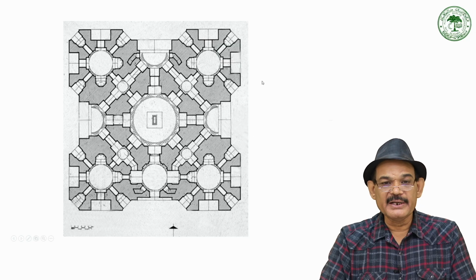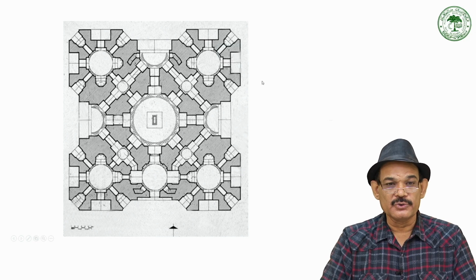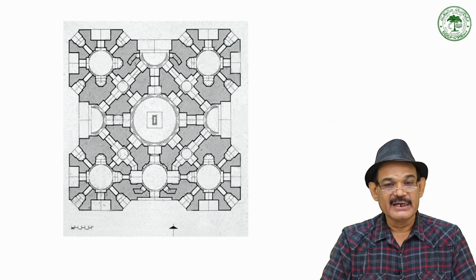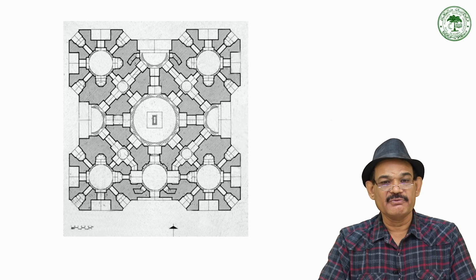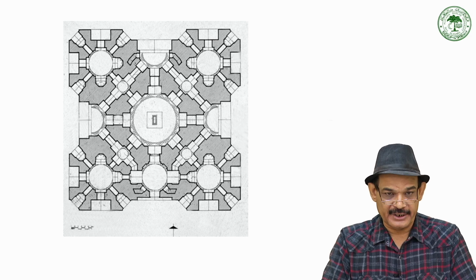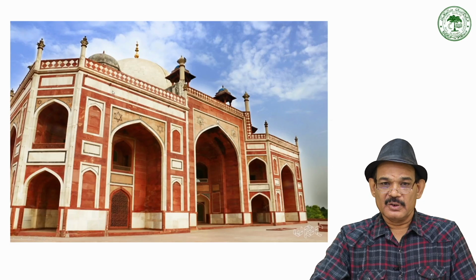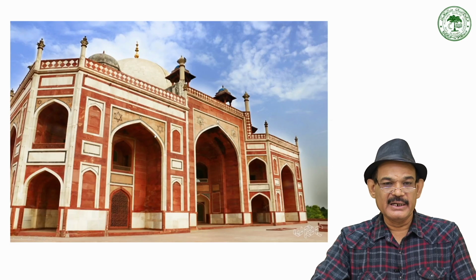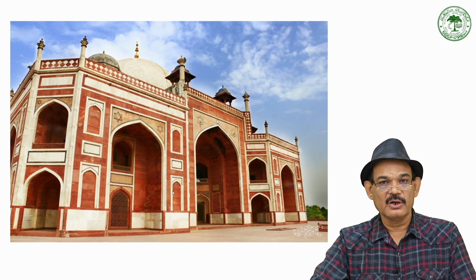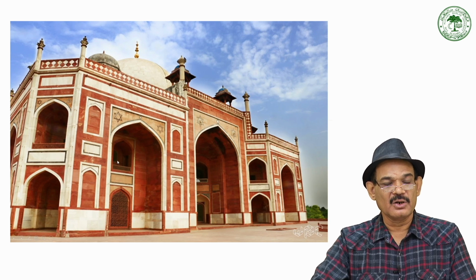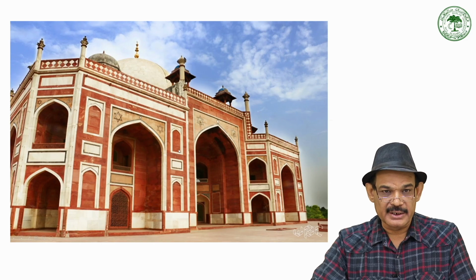Such a complicated plan to execute is in itself a great achievement in the field of architecture. No doubt, this building borrowed a lot of architectural features from the outside.